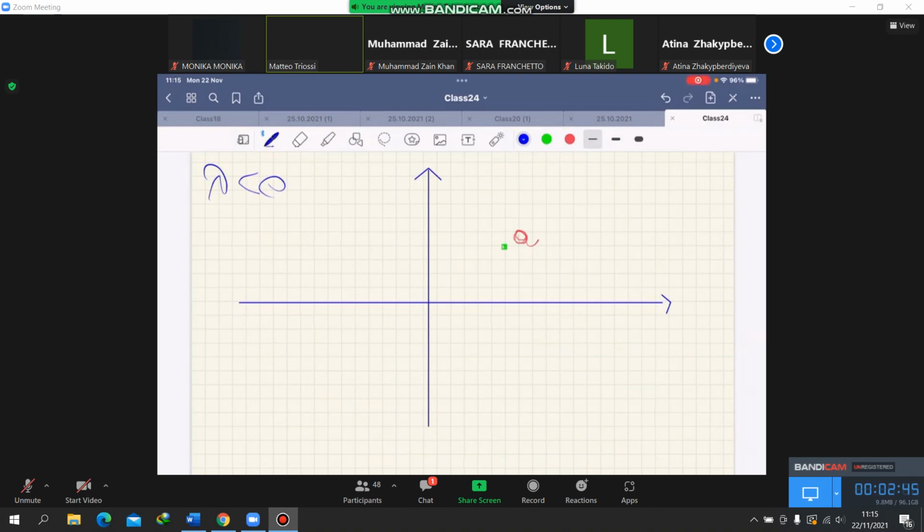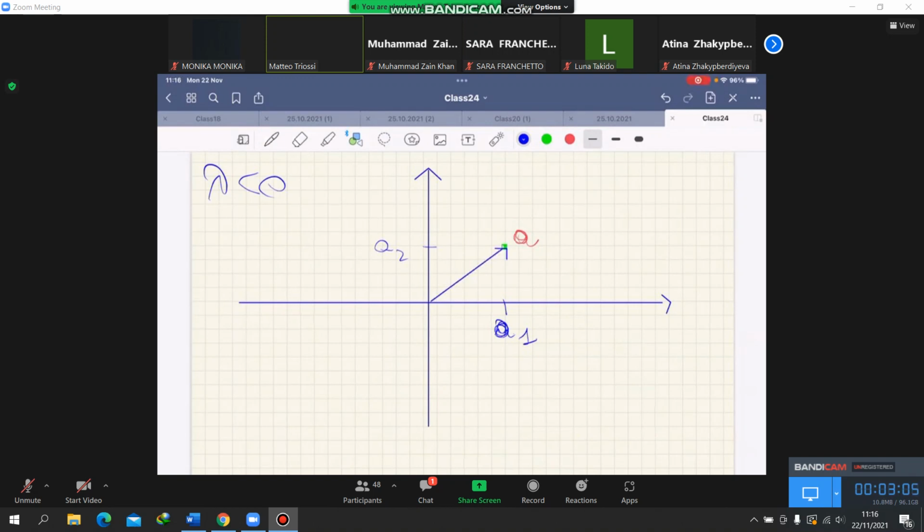What are you doing? Here you have lambda. Oh, here you have A1. Here you have A2, and here we have our arrow.